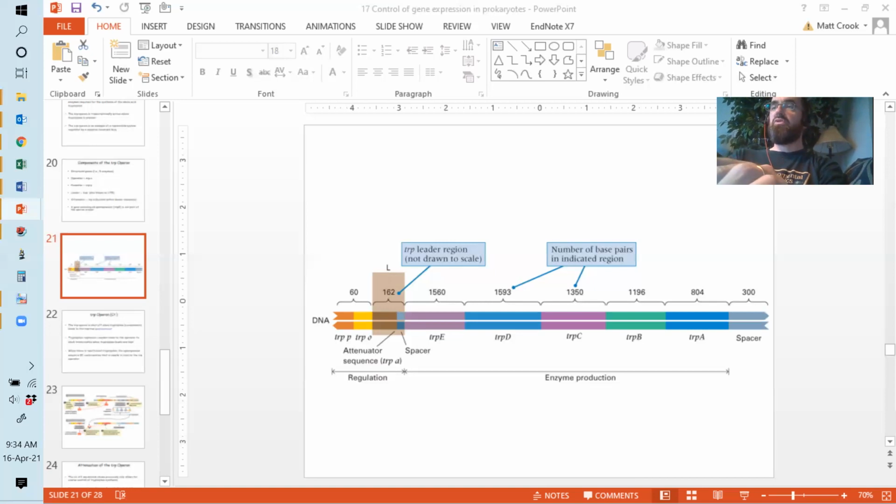So if the trip tRNA is present, the dummy polypeptide is translated, which equals terminator loop forms, which equals termination of transcription.